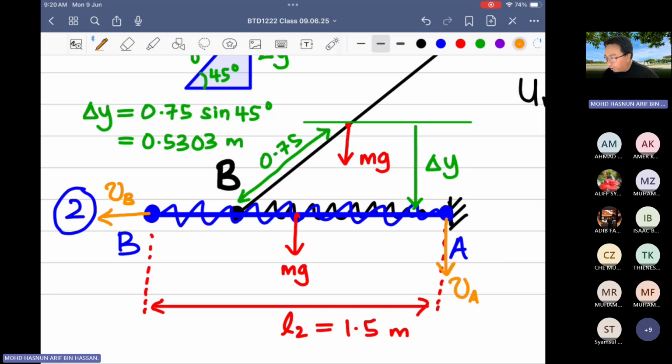So to get the location of IC, we need to draw a 90 degrees line for both velocity vectors. For VB, this will be the 90 degrees line of VB. For VA, this will be the 90 degrees line of VA, and it can go straight to the end here. Okay. That is the 90 degrees line. So where do you think the intersection between the 90 degrees line of VA and the 90 degrees line of VB is? Where is the intersection point?